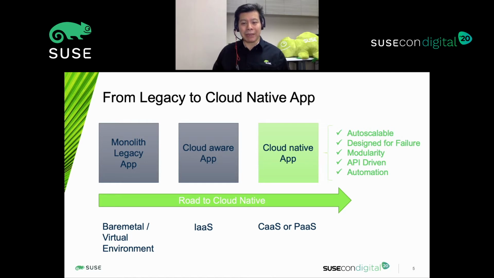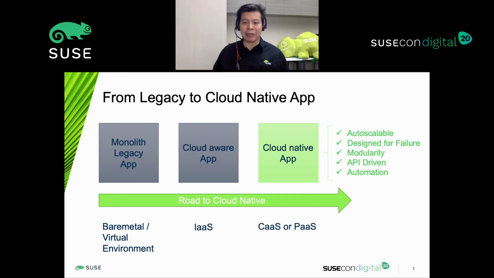While this lets the application run on cloud, it doesn't really fully take the benefits of cloud computing until you further transform the applications to become cloud native, which we will be discussing further down in the presentation.